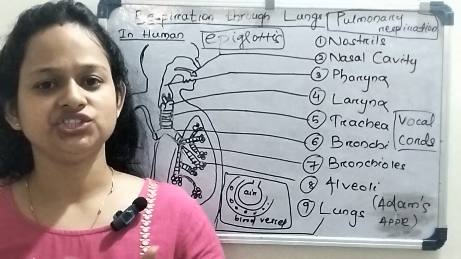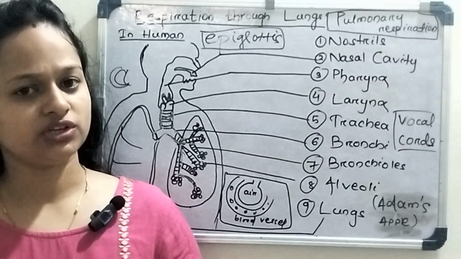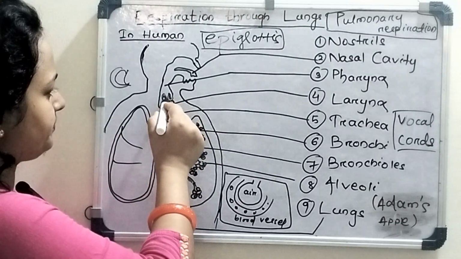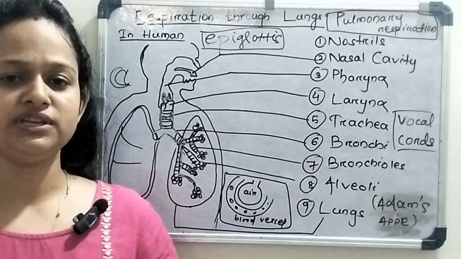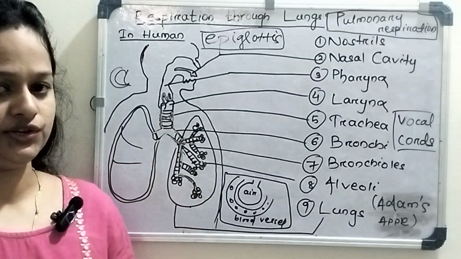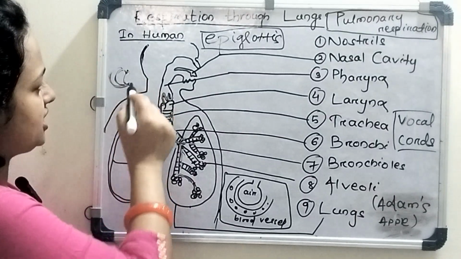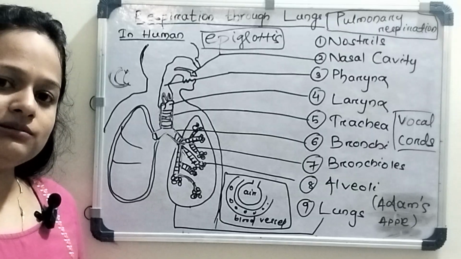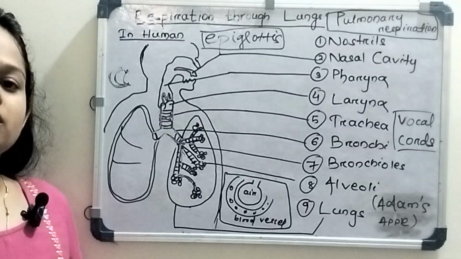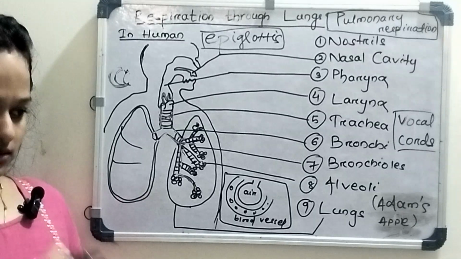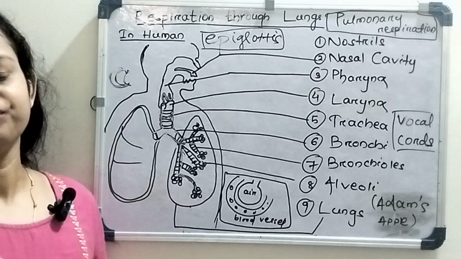Then come to the next part, that is trachea. The trachea or windpipe extends from the larynx and runs down the neck. It measures about 11 cm in length and 2.5 cm in diameter. The trachea contains C-shaped rings of cartilage which prevent the collapsing of the trachea, and these rings also give flexibility to the trachea.